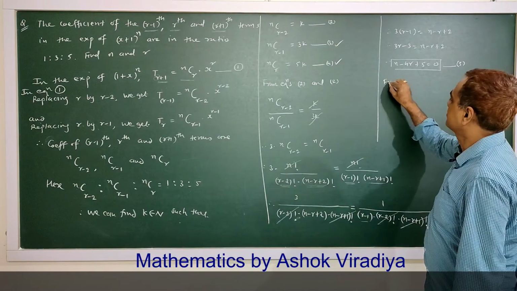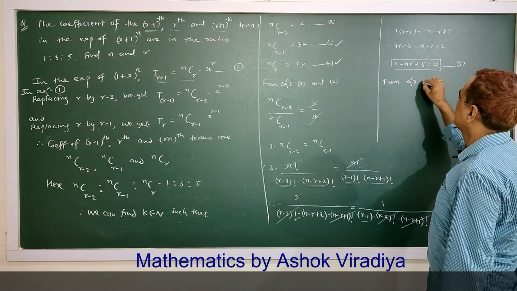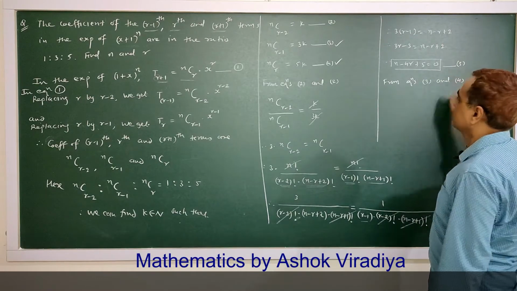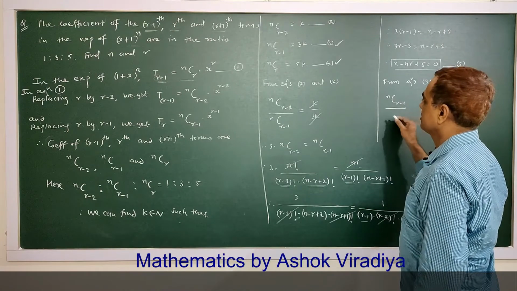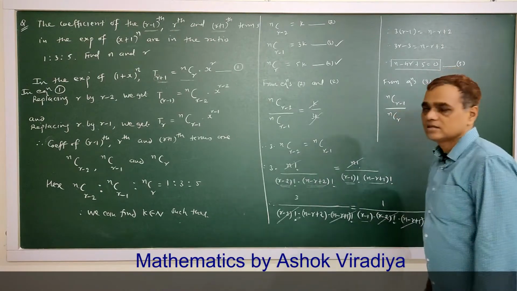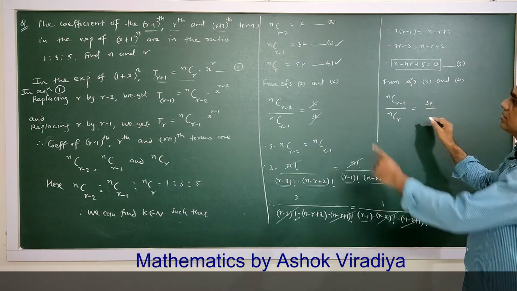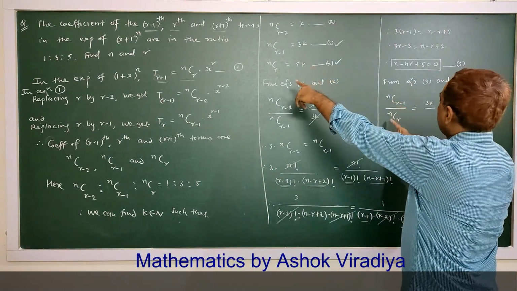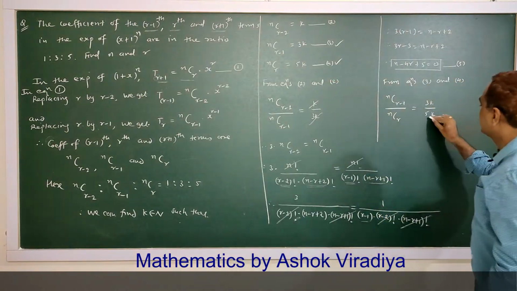So from equations 3 and 4, LHS upon LHS equals RHS upon RHS. So this K will be cancelled.